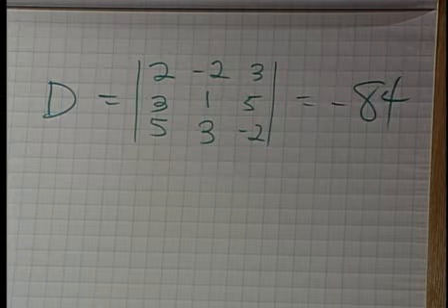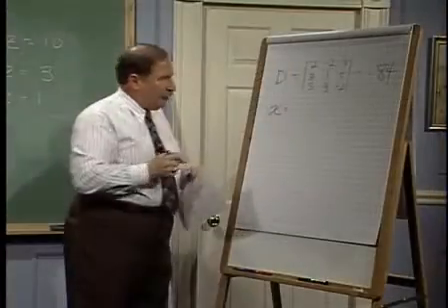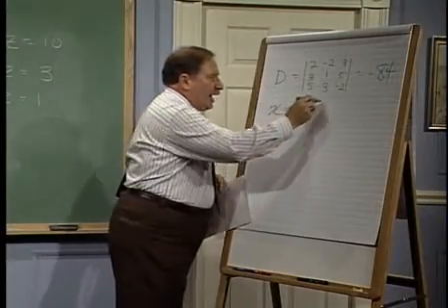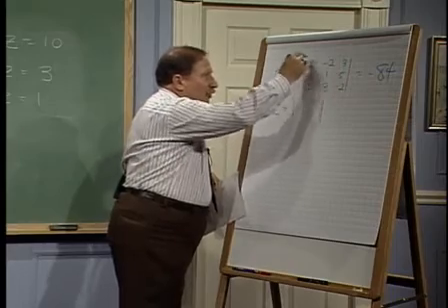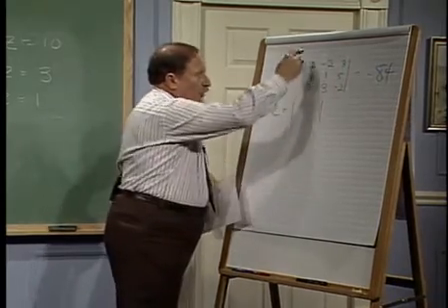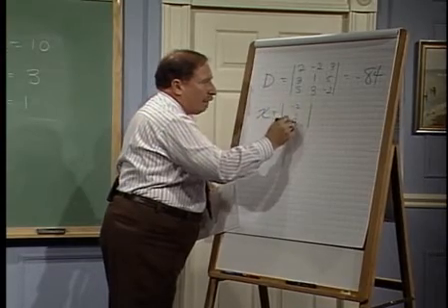What do we want to do? We want to solve for x. In solving for x, we are going to take the determinant, what we have here, and take out the first column. Leave the other columns the same.